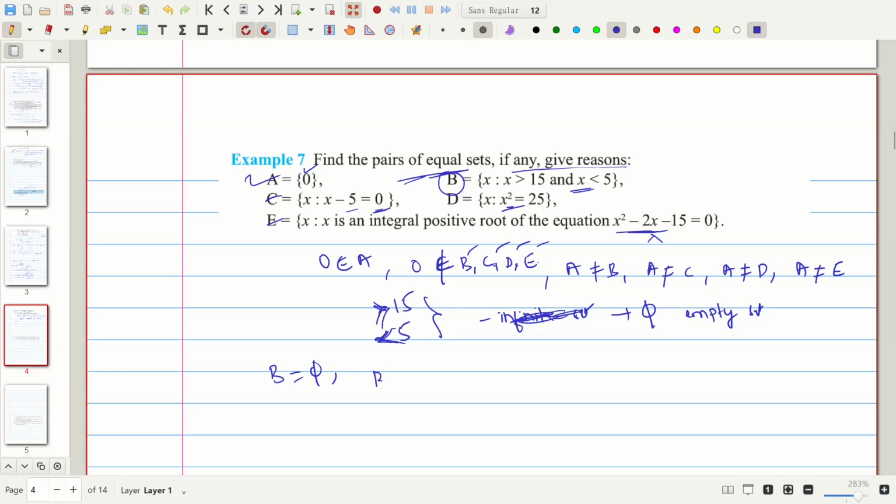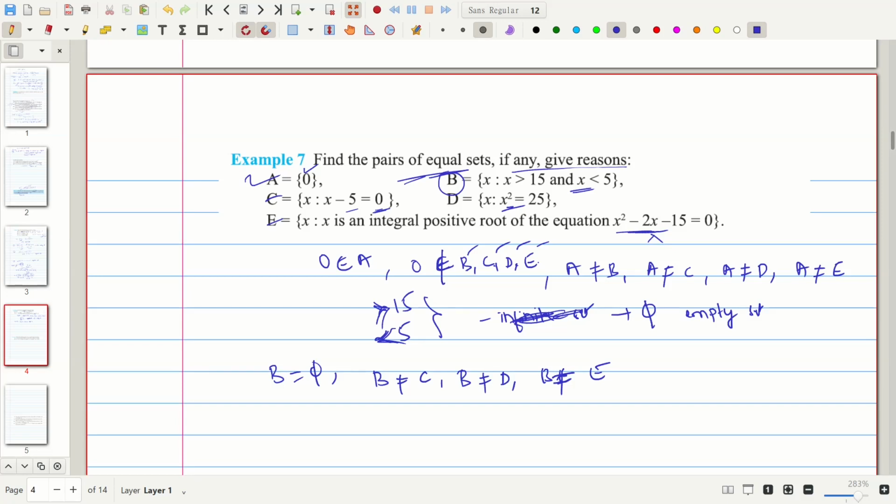Then we can write B is not equal to C, B is not equal to D, and B is not equal to E.